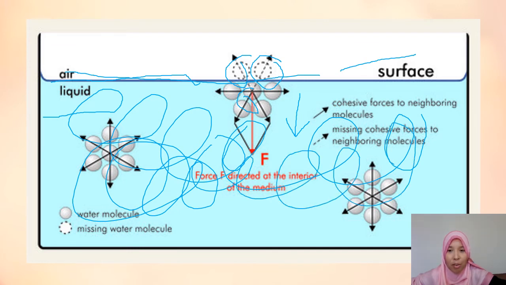Compared to the water molecules inside, which have water molecules everywhere, they don't have that net force in only one way, right? So the tension here is less compared to the tension in the water molecules at the surface.